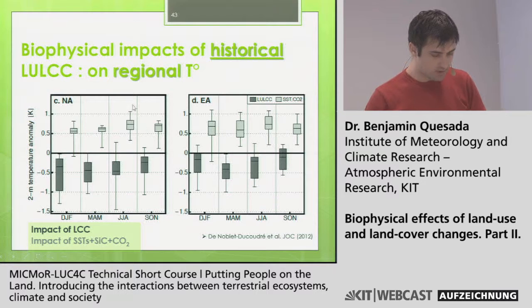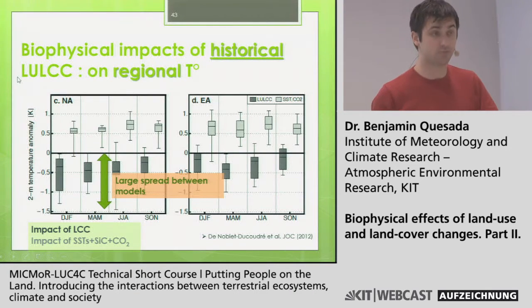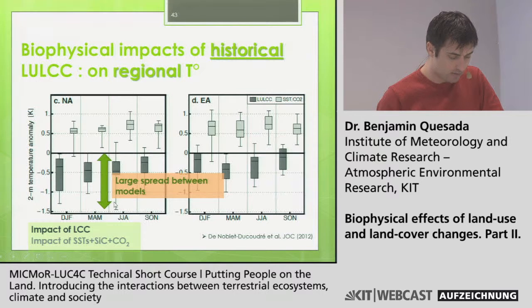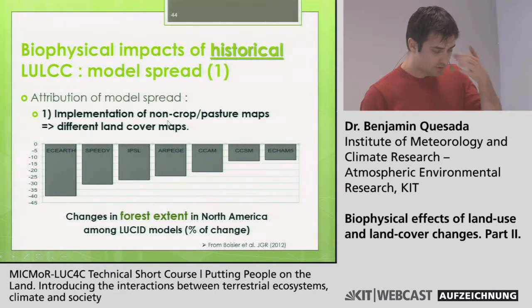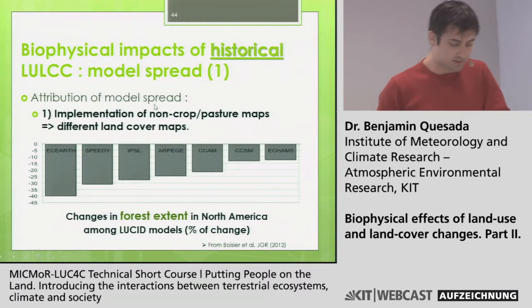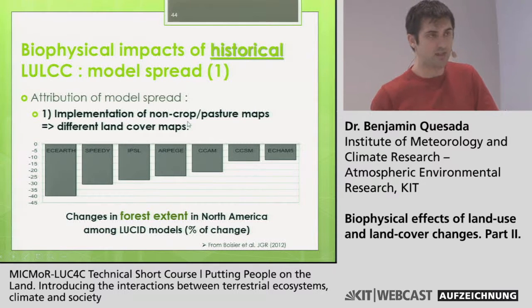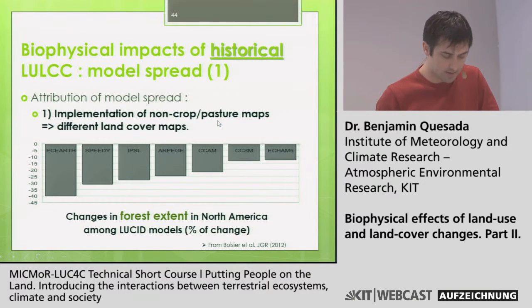Now what's interesting on this figure is also the large spread between the models. So they try to attribute, in this paper and in others, the large spread on simulated temperature. A first possibility is that the implementation of natural vegetation for each model is different. The implementation of non-crop and pasture maps are different.